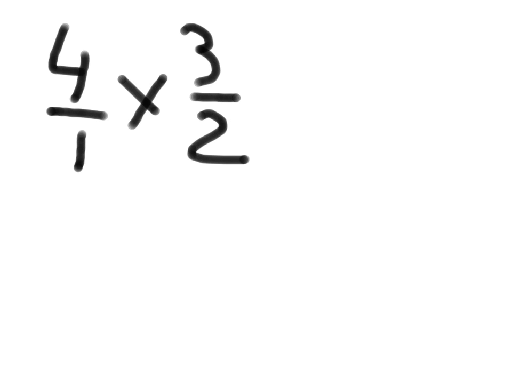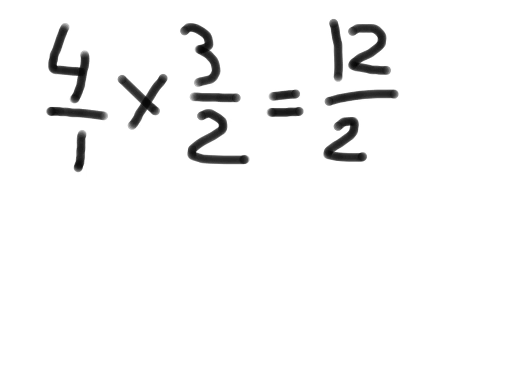So now I just multiply these, and you never have to make a common denominator for dividing and multiplying. So I do 1 times 2 which equals 2, and then 4 times 3, which equals 12. But now you have to change the number.